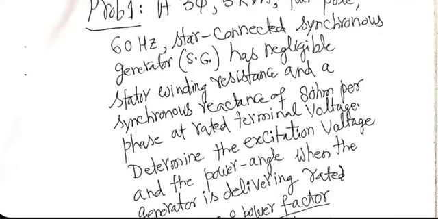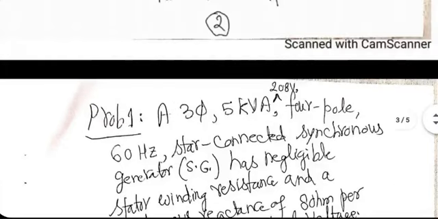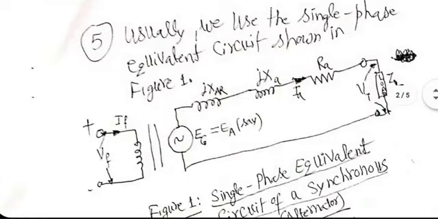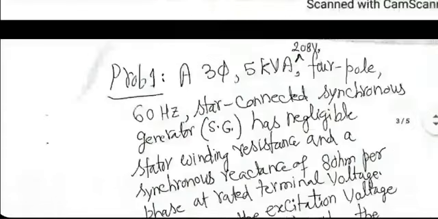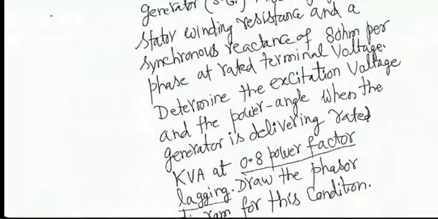Determine the excitation voltage and the power angle. Excitation voltage means EA, but they are not saying EMF here. Determine the excitation voltage and the power angle, which is delta, the phase angle between EA and VT, when the generator is delivering rated kVA at 0.8 power factor lagging.